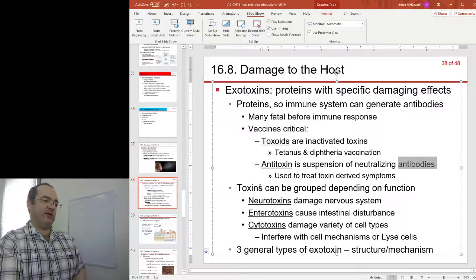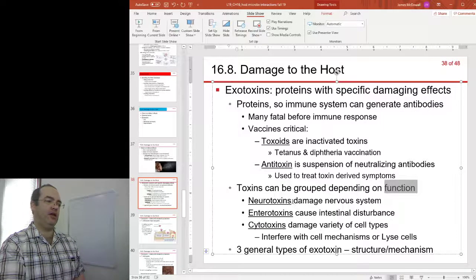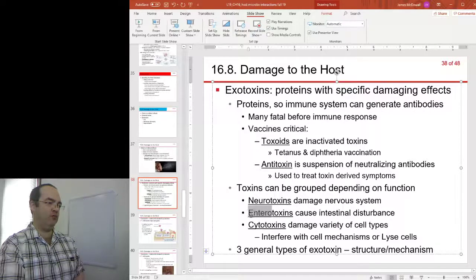There's very different ways we can group toxins. We can group them upon their function. Neurotoxins damage the nervous system. Enterotoxins damage the intestines. Entero means of the intestines, or it means inside. Cytotoxins damage a variety of cells. Cyto just means cell.